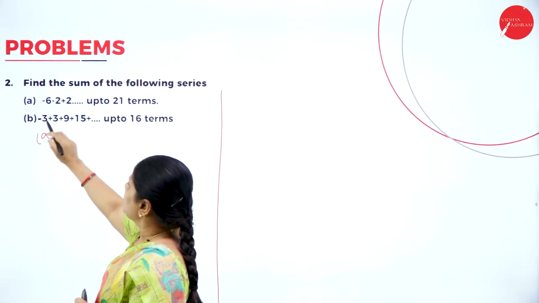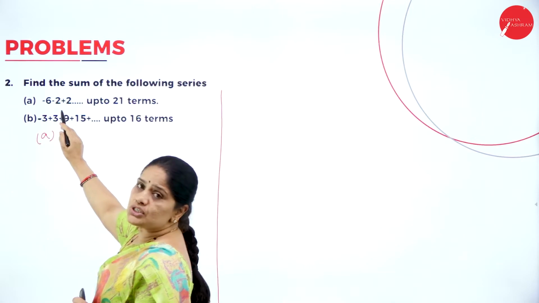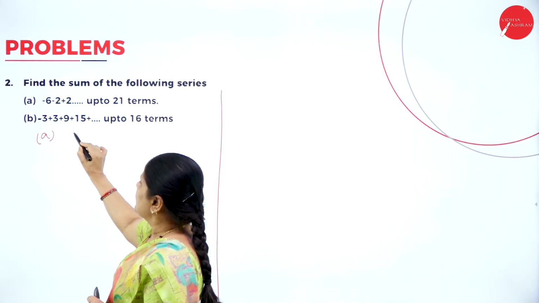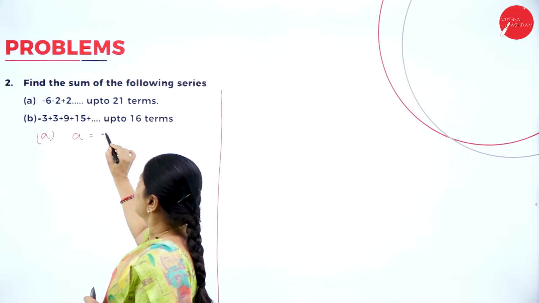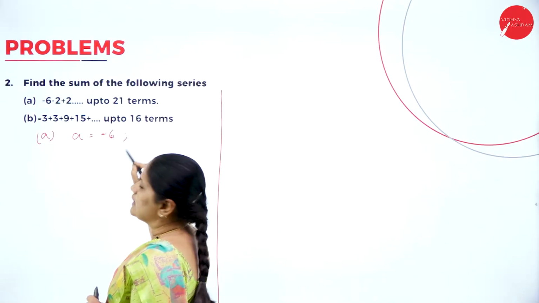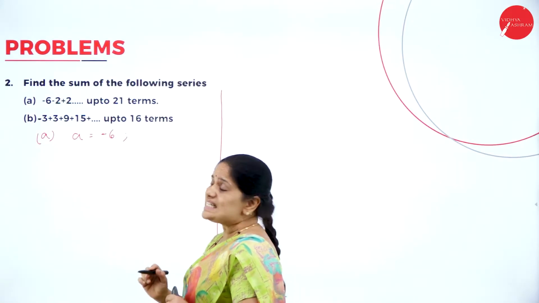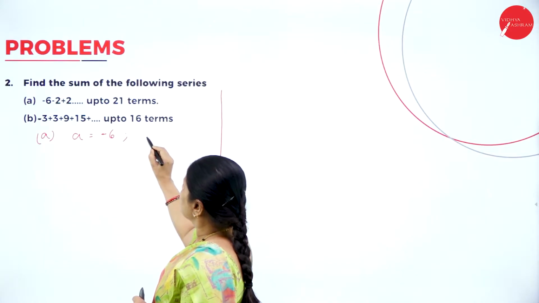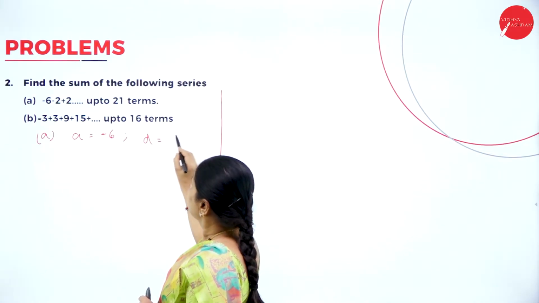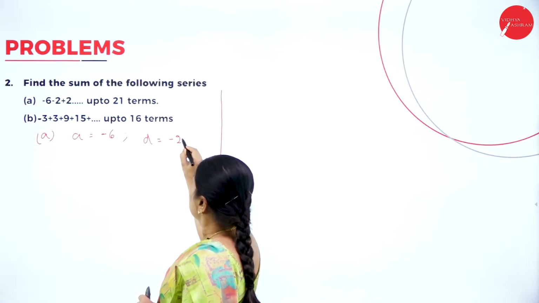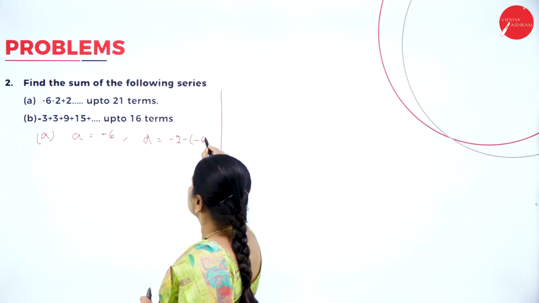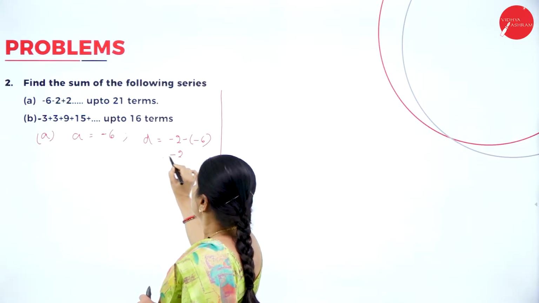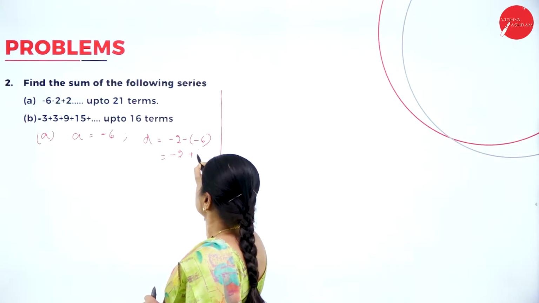In this problem A, the series is minus 6, minus 2, plus 2. So, I'll identify what A is here: minus 6. Then, I'll have to find out what D is. D will be equal to minus 2 minus of minus 6. So, this will be minus 2 plus 6.